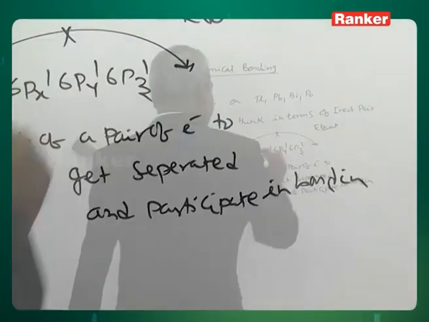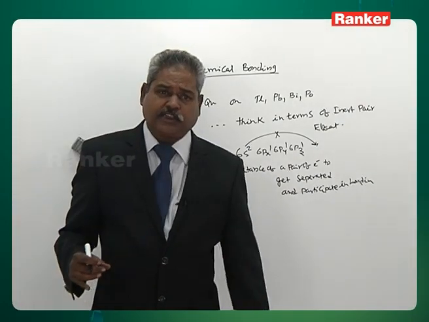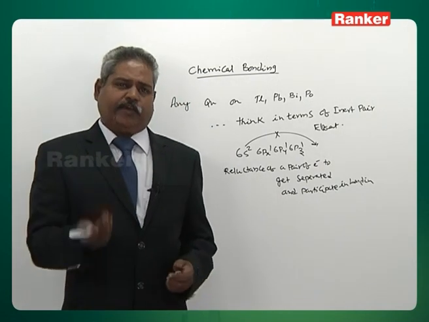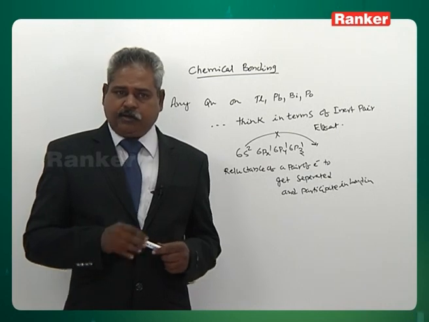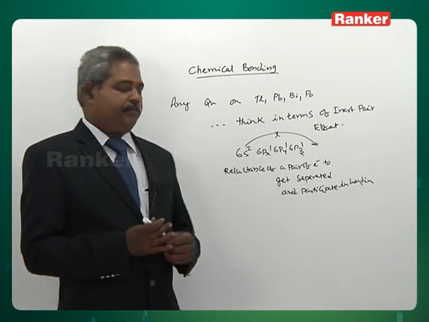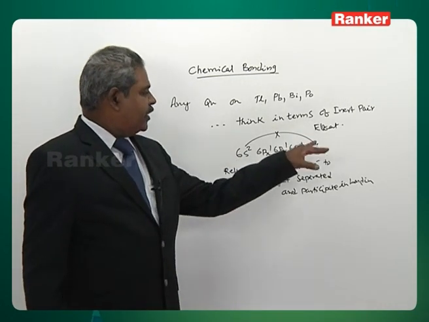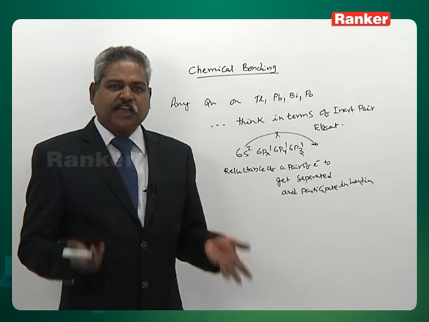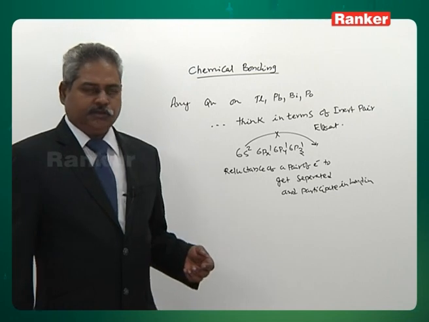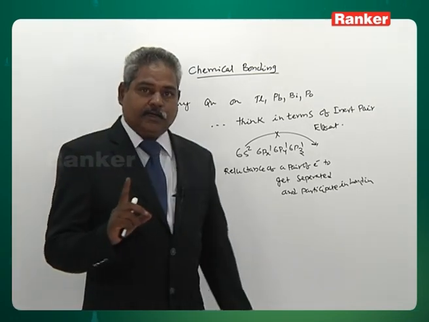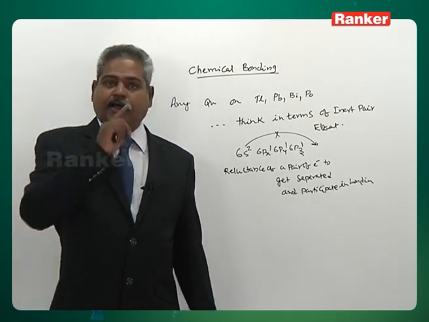This pair is not willing to get separated, in the sense that it involves a lot of energy. Lot, I never mean a lot, only relatively. The energy required is more and the energy released is less. So, what happens when more bonds are formed? Energy is released.